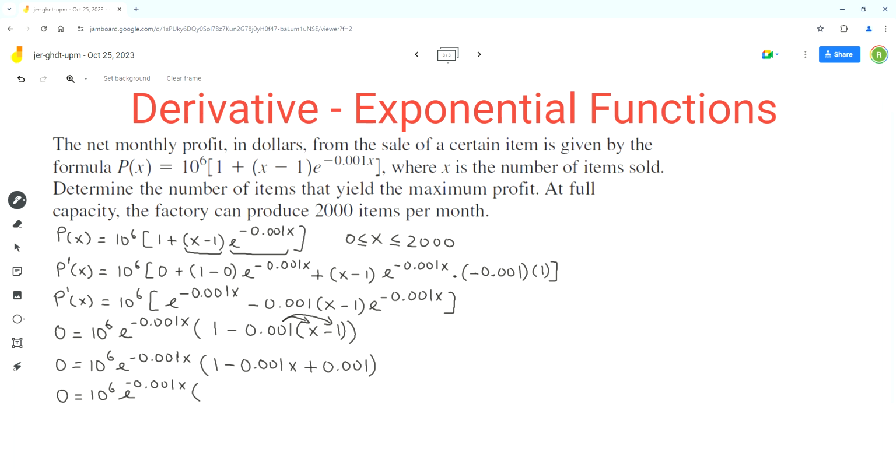So we can combine 1 and 0.001. Now we can solve this equation by analyzing the cases. So the first case will be this, the E term is equal to 0.